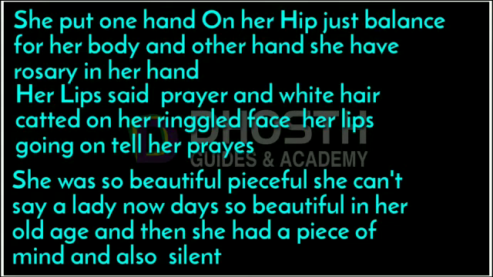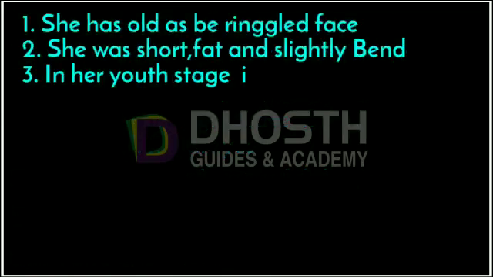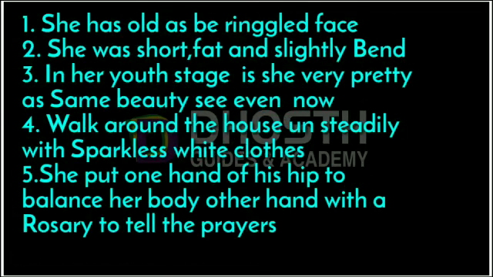So when you are asked to write this question, you can write these points. Number 1, she was as old as one could be with a wrinkled face. The second point is she was short and fat and slightly bent. Third, in her youth she would have been very pretty, and that same beauty is seen even now. She walked around the house unsteadily in spotless white clothes.